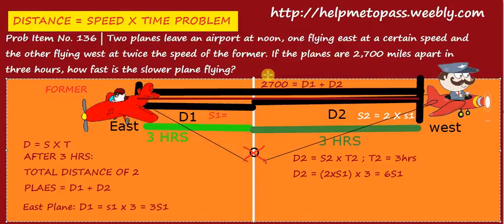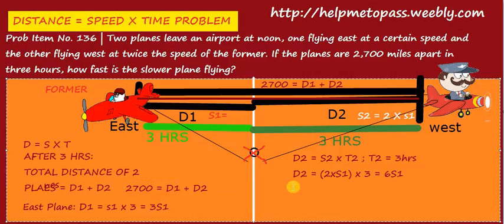So let's proceed. We have to substitute the value of D2 and the value of D1 here. So that is the total distance. Again, let's say the total distance D, the 2,700, is equal to D1 plus D2.